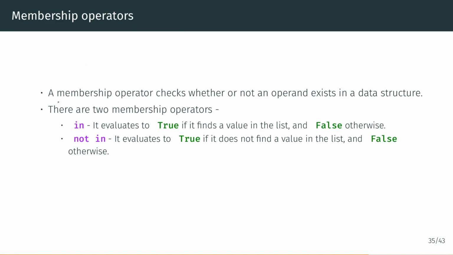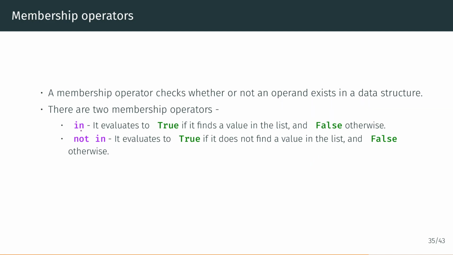A membership operator checks whether or not an operand exists in a data structure. There are two membership operators, in and not in. The in operator evaluates to true if it finds a value in a list. By the way, it can also be any other data structure, such as a string, but since we are talking about lists in this lecture, we'll just consider lists.